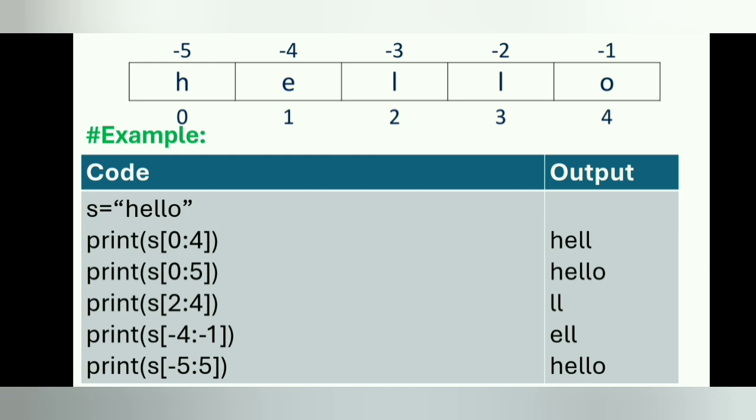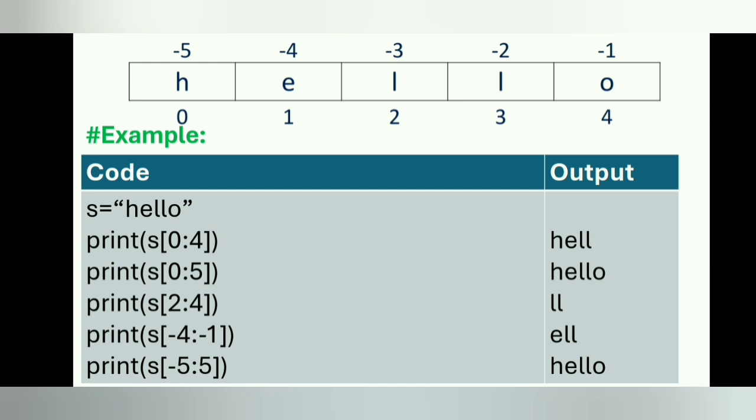The following print statement, print s[-4:-1], will display the characters from position -4 to -1. Here -1 is excluded, so it will display the characters from position -4 to -2. Hence the output will be ELL.